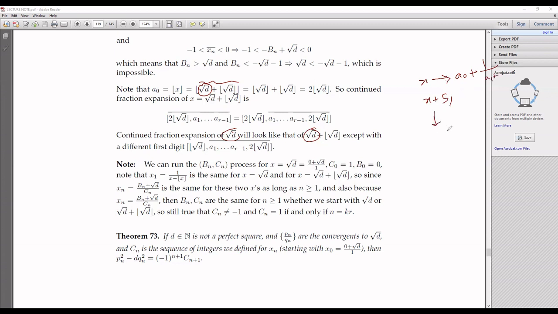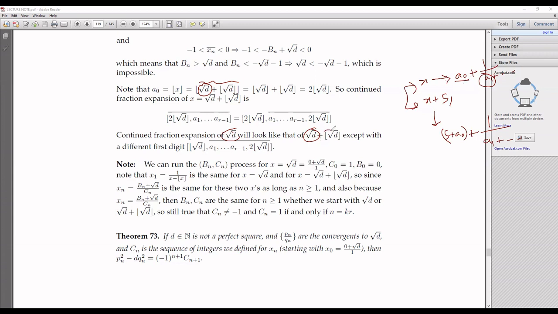This number would have the representation where its integer part is just the original value plus 5. Then the fractional part is the same for these two numbers. So the second term will be exactly a1, just like here, and so on. So the only difference will be in the first term in the sequence.